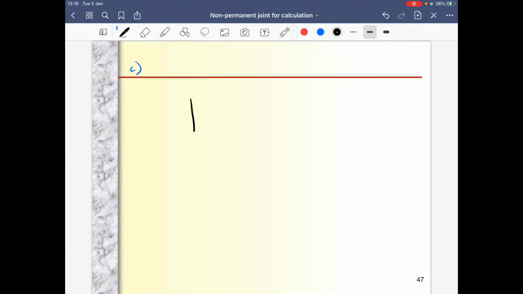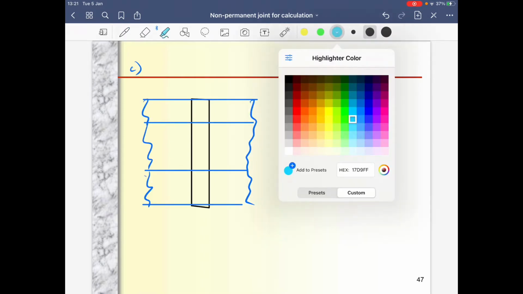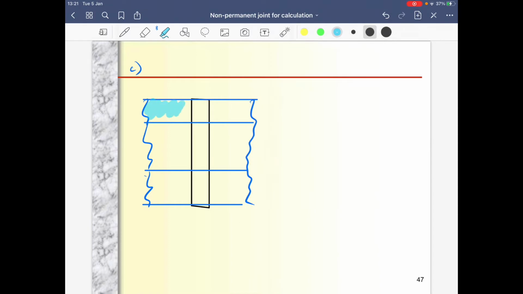What you can do, you can draw. Okay, you have a bolt here, and three layers of components or plates. So this is aluminium, and then this is the steel.